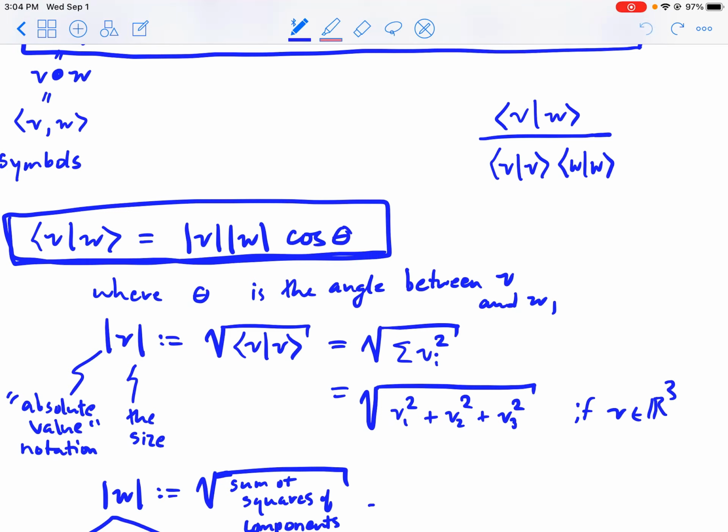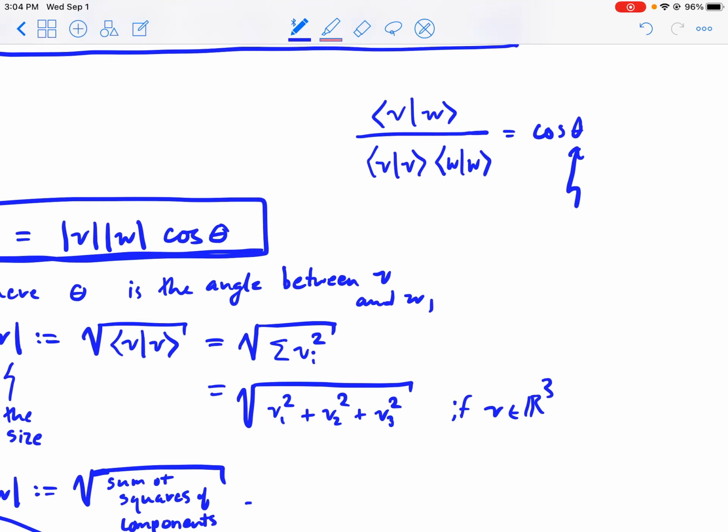So this is a number, this is a number, this is a number, and we divide them. And that must be cosine of theta. So then you'd have to take, literally, in order to get the angle, the arc cos, the inverse of cosine.